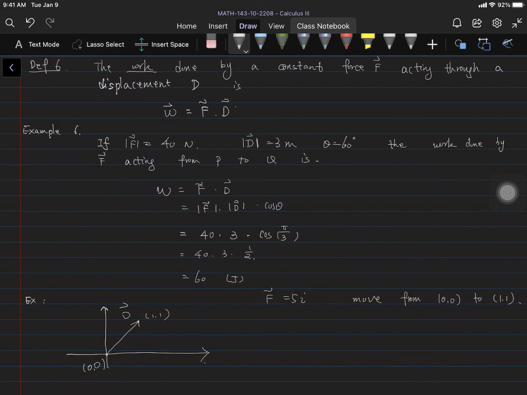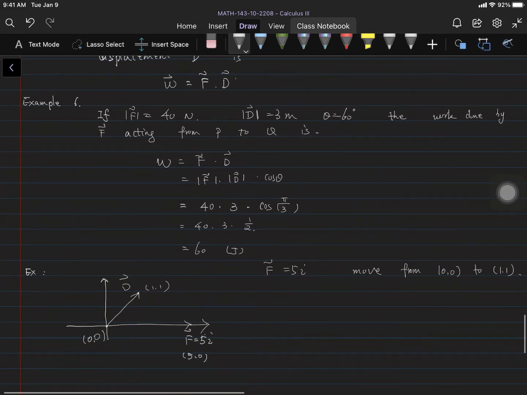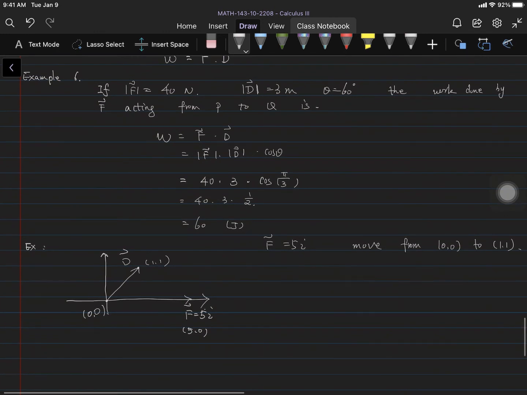And the 5i, which is here, means it only has an i component, so the j component is 0. So the direction is just along the x-axis, like the point 5, 0 here. For this problem, D is not given and the dot product is not given, so we have to calculate everything by ourselves.